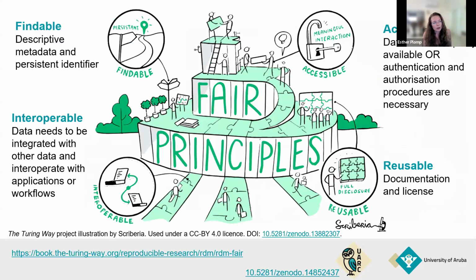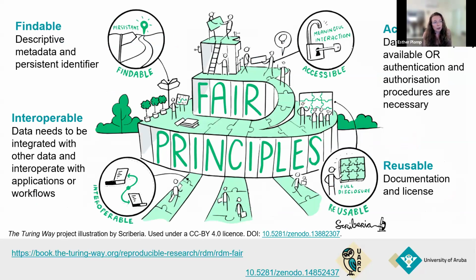It's an acronym for Findable, Accessible, Interoperable, and Reusable. So it has not a lot to do with fair in the sense of ethics or fair as in equal and so forth, but it's an acronym for these terms, and I'll explain very briefly what each of them mean.